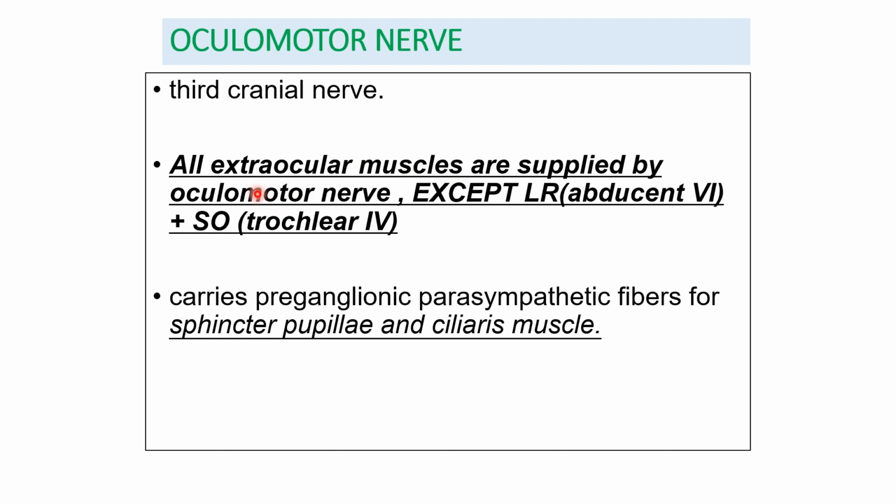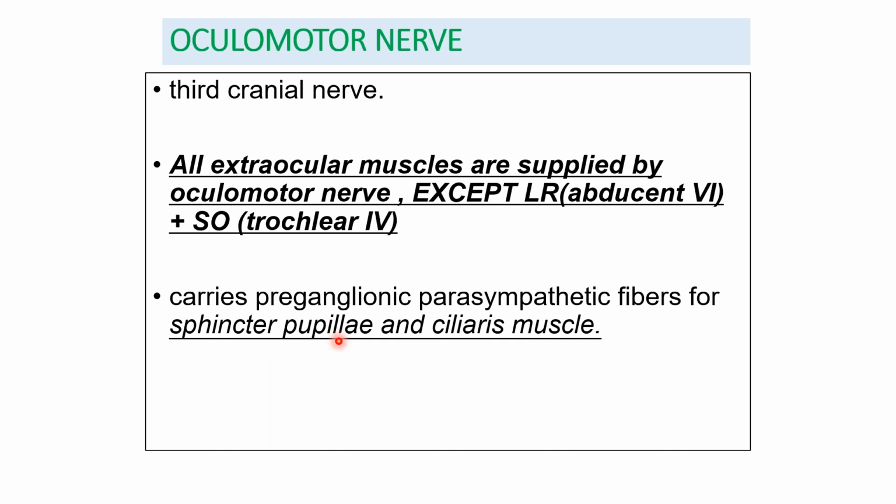So if the oculomotor is injured, the major number of extraocular muscles are going to be paralyzed. It not only supplies the extraocular muscles, so it is not only motor, but it also carries the preganglionic parasympathetic fibers for two more involuntary muscles, that are the sphincter pupillae and ciliaris.